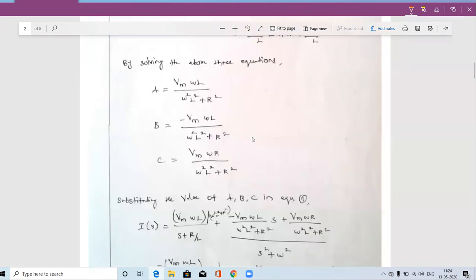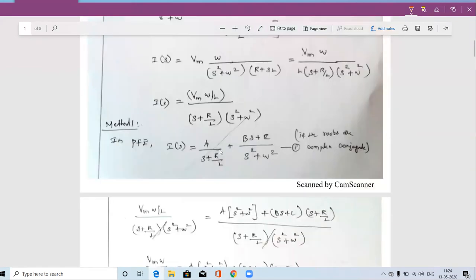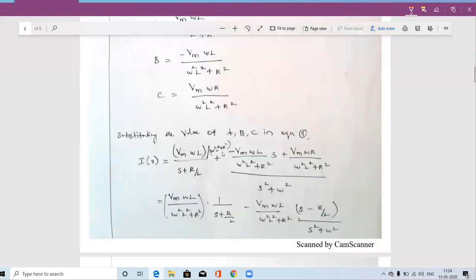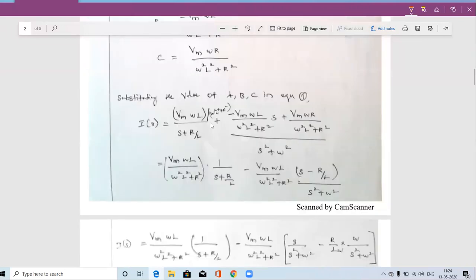Otherwise, what you can do is keep A as it is, take the inverse, and substitute in the last step. But here this numerator, the A value, is completely constant. Okay, you write this into 1 by s plus R by L. And similarly here in the numerator there are 2 terms, you split. Minus Vm omega L divided by this total value.